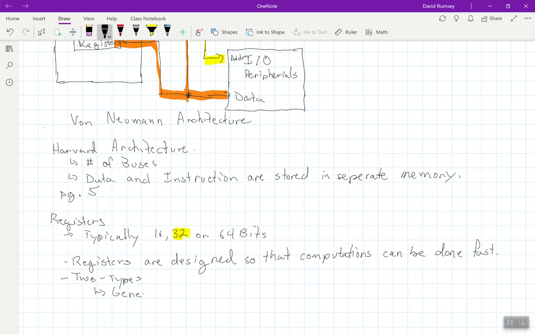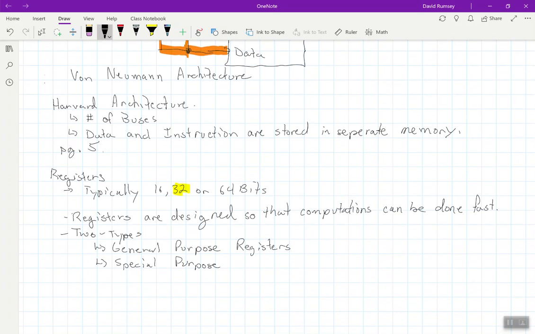There are general purpose registers, and then there are special purpose registers. The general purpose registers are the ones we can use.